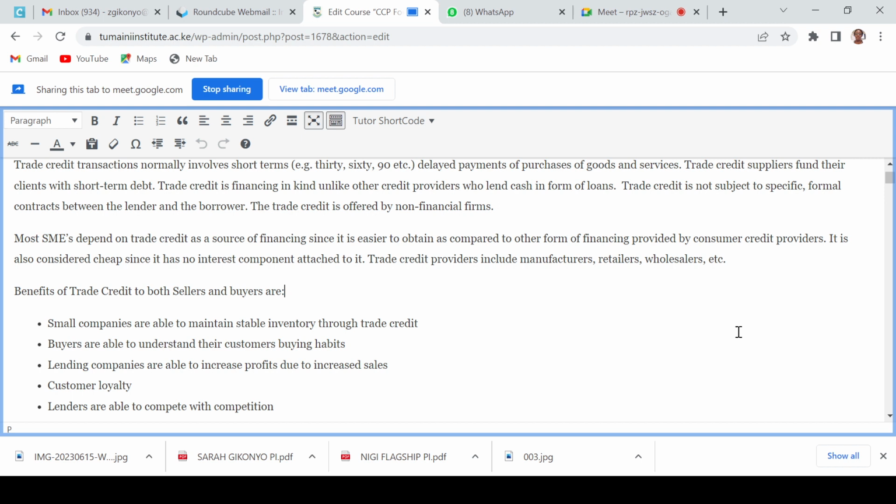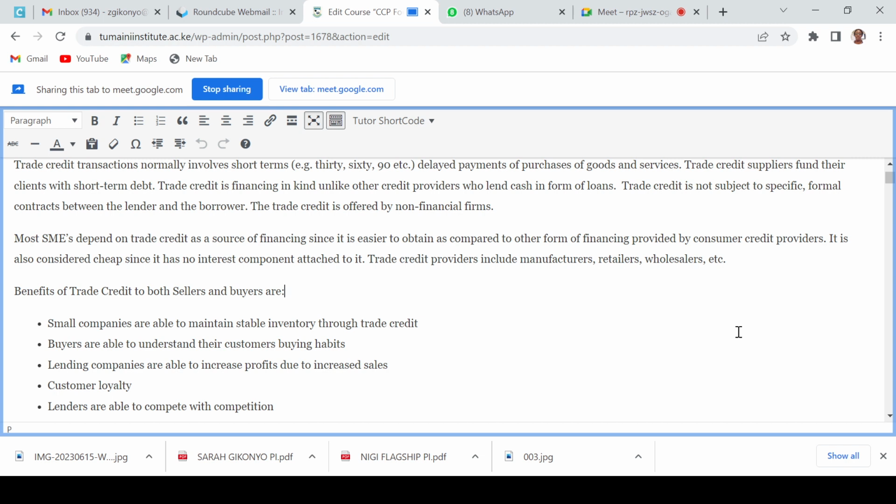Actually, the cost of credit is supposed to be incorporated into the buying price or the selling price. But most of the time, because people do not understand the cost of credit, you find that they are in business but not making money, because for trade credit, you cannot charge any form of interest. So it has no interest component attached to it.